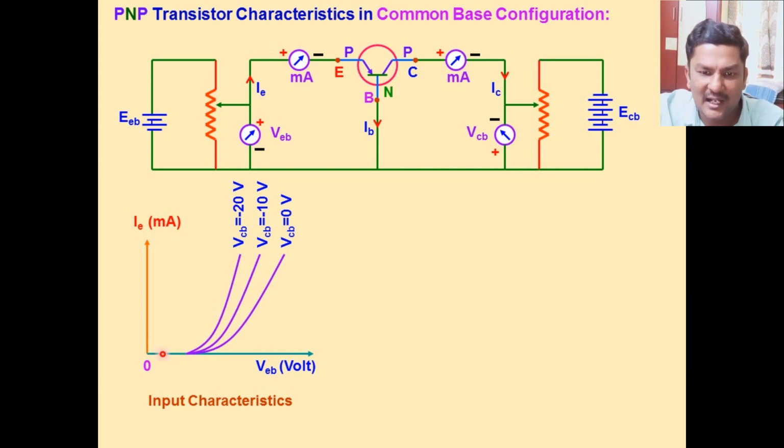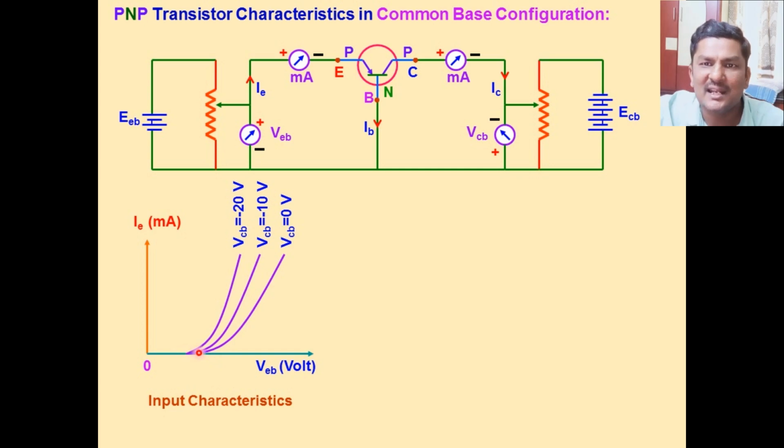At a particular voltage of VEB, current is observed in the ammeter, that means IE is observed, and after that region, even for a small change in VEB, the current in the emitter changes rapidly. Why? What is the reason for this?